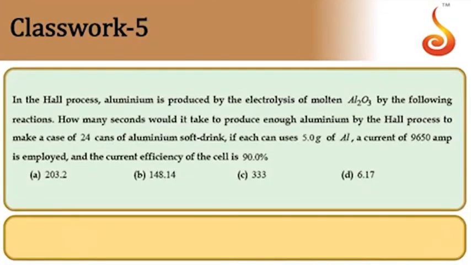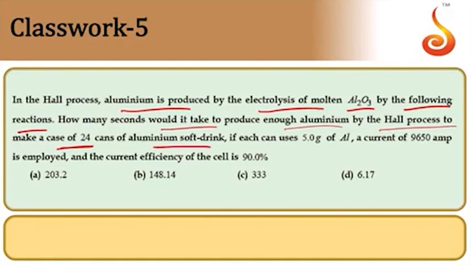Next one. In Hall's process, aluminum is produced by electrolysis of molten Al2O3 by the following reactions. How many seconds would it take to produce enough aluminum by Hall's process to make a case of 24 cans of aluminum soft drinks, if each can uses 5 grams of aluminum, a current of 9650 amperes is employed and the current efficiency is only 90%.